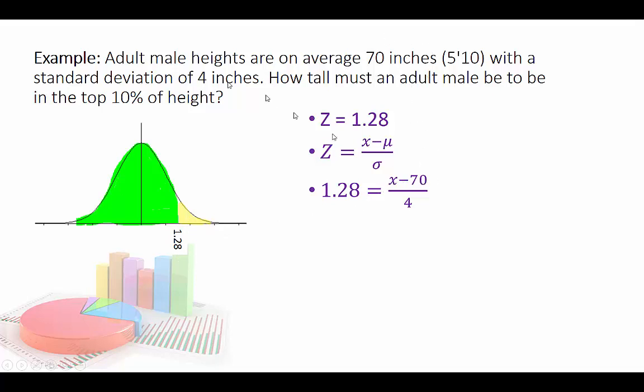Remember, 70 is our average, and 4 is our standard deviation. I can just put a 1 underneath it and cross multiply, and I get 5.13, from 4 times 1.28, equals x minus 70. When I add 70 to both sides, I get x is 75.13 inches. So an adult male must be at least 75.13 inches to be in the top 10% of their height.